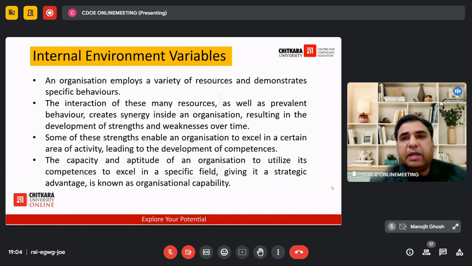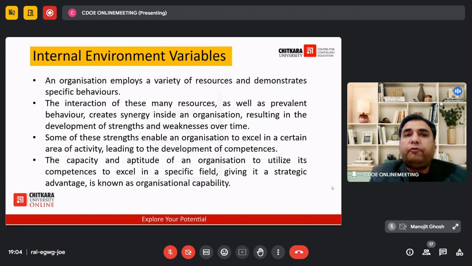It can be the resources, the behavior, the people, the processes which are internal to any organization. But how to control them? What are the various techniques? How possible is it to control this internal environment? This is to be studied in this lesson 4 or probably in lesson 5, the live session 5, which we're going to have next week.